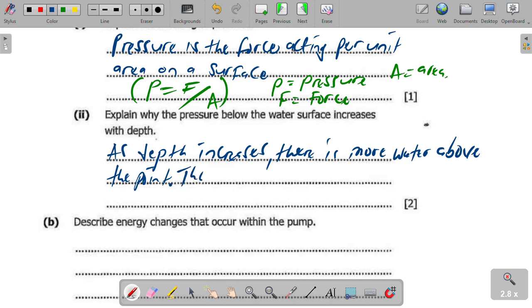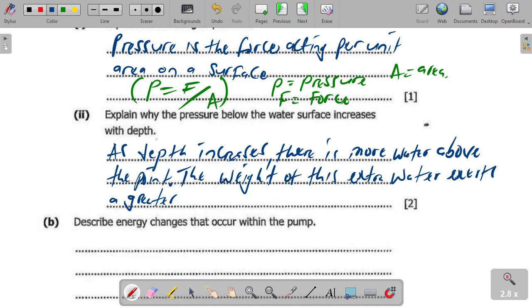What happens? The weight of this extra layer or extra water exerts a greater force on the lower layers.